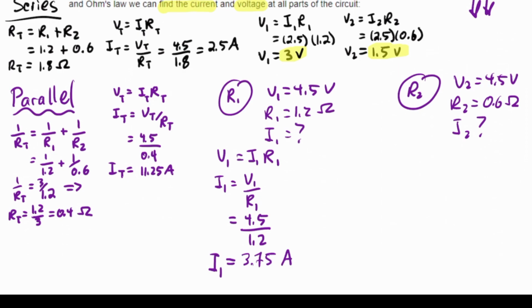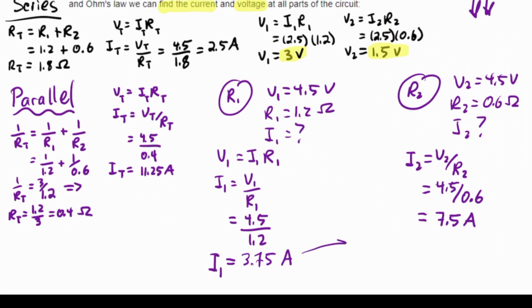Next resistor, we already showed our work rearranging the equation last time, so we can just go straight to our rearranged form. Let's plug in our values. 4.5 volts, 0.6 ohms of resistance is going to give us 7.5 amps of current. And what do we know about Kirchhoff's law? Whatever current flows into the junction must flow out of the junction.